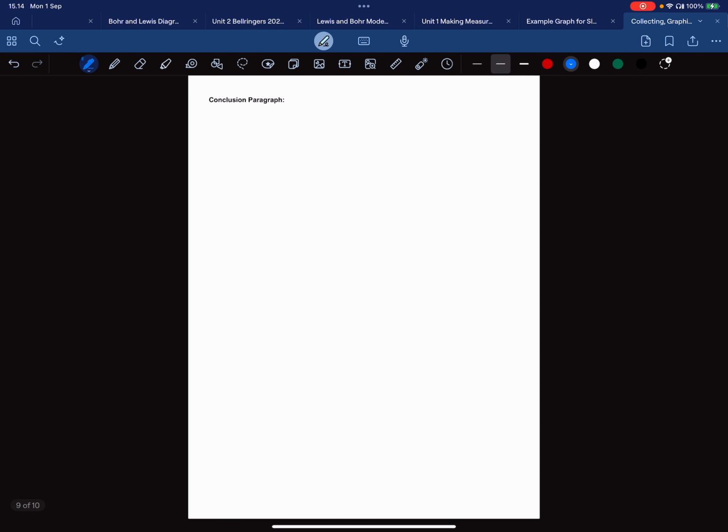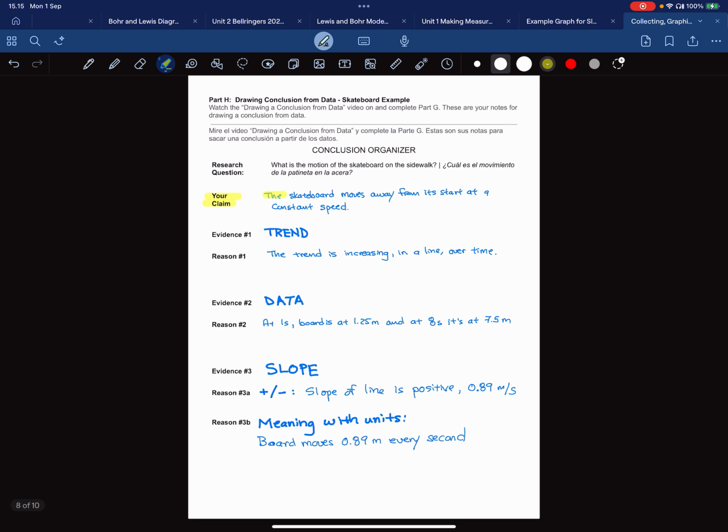The claim is that the skateboard moves away from the start at a constant speed. So that is my claim from here.